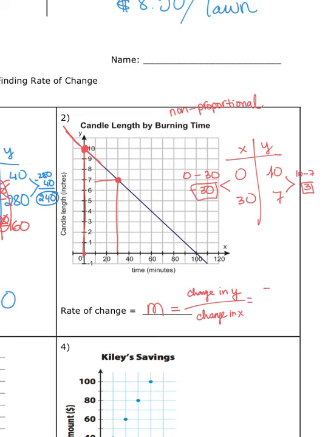Change in y is 3, change in x is negative 30. So positive divided by negative, my answer is negative. I'm going to simplify this to negative 1/10, and this is my answer. I don't convert to a decimal.